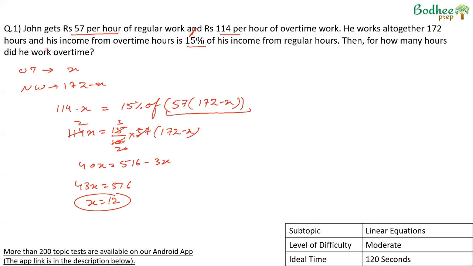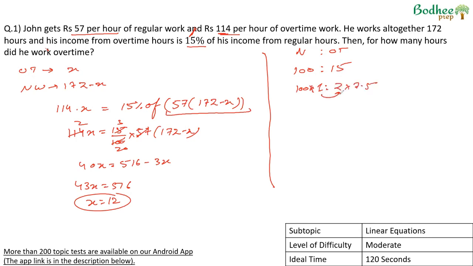Another approach for this question could be that if 100 rupees are earned from normal work, 15 rupees are earned from overtime work. The per hour rate for normal work and overtime work is 1:2, and therefore 100 into 1 and this 15 will be 2 into 7.5.